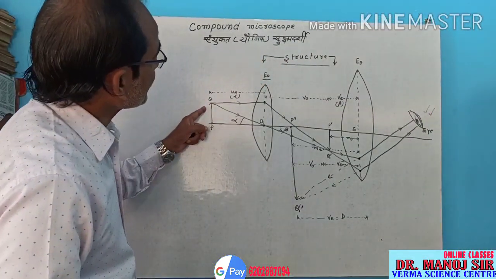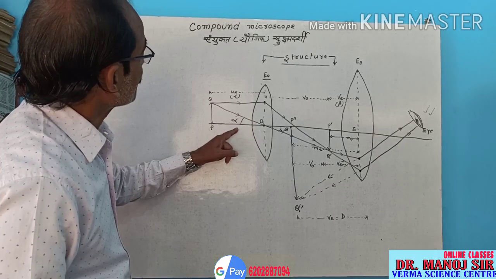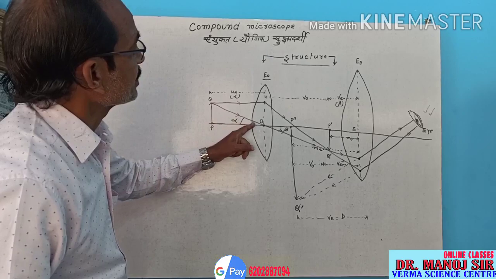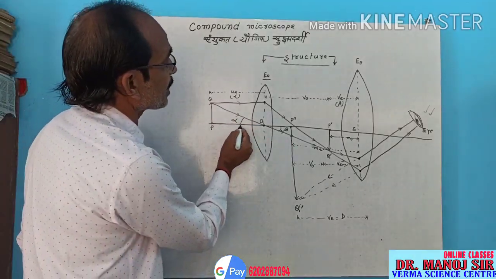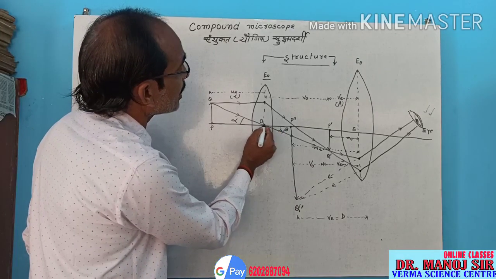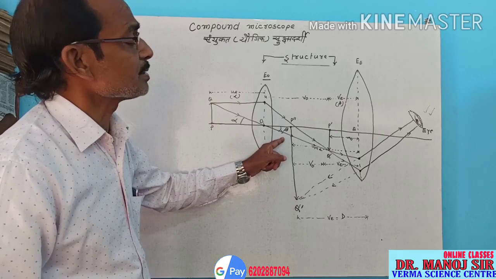Made angle is alpha when a ray is passing through the optical center, and backside of the objective piece the angle made is beta.